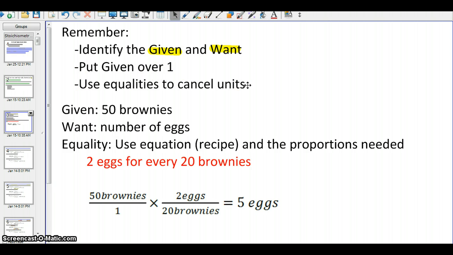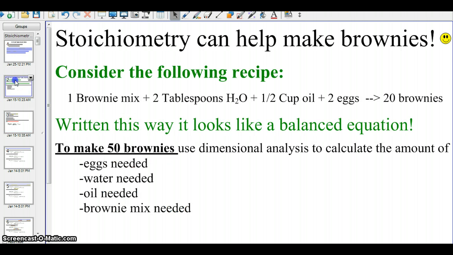So in this problem, we want to make 50 brownies. We want to know how many eggs are required, and the relationship that we need to consider is the proportions in the recipe, which said that for every 20 brownies we needed 2 eggs. Where did I get that? Well, I got that in the original recipe on the box, that we needed 2 eggs to make 20 brownies.